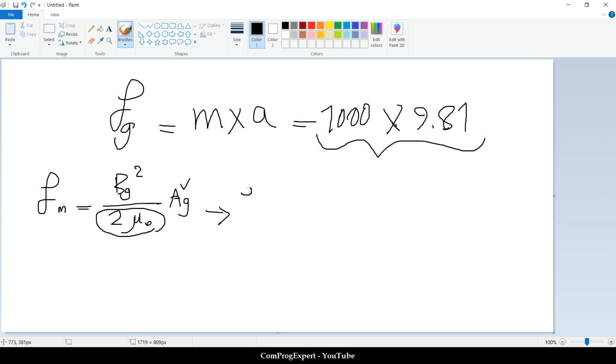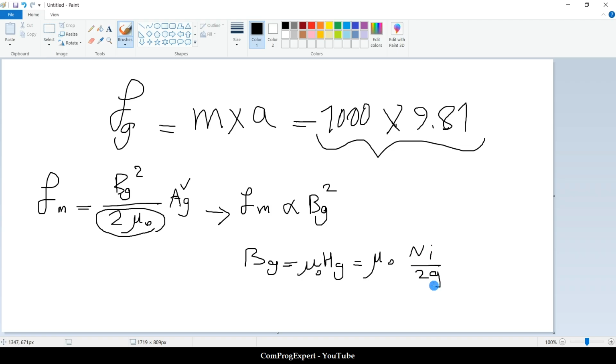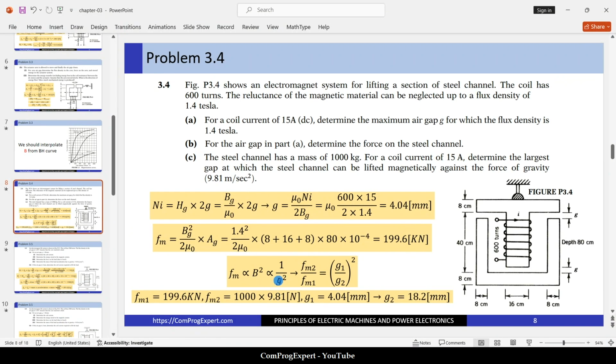So Fm is proportional to B gap to the power 2. B gap is mu 0 times H gap. H gap is Ni divided by 2 times the gap thickness. So the force is proportional to the current to the power 2, and also proportional to 1 divided by the gap to the power 2, according to this equation.